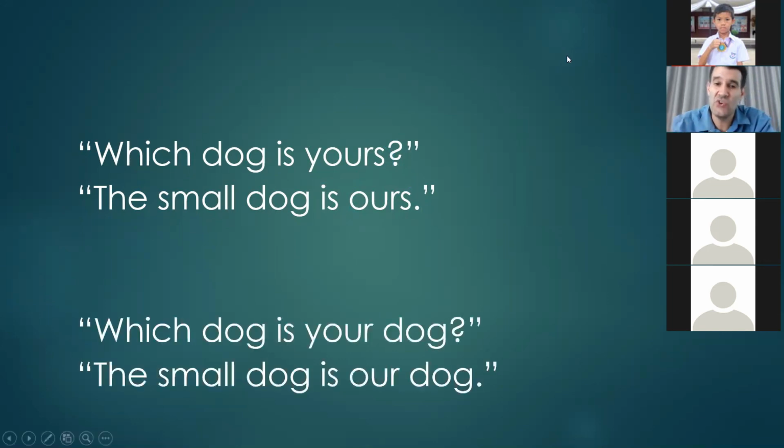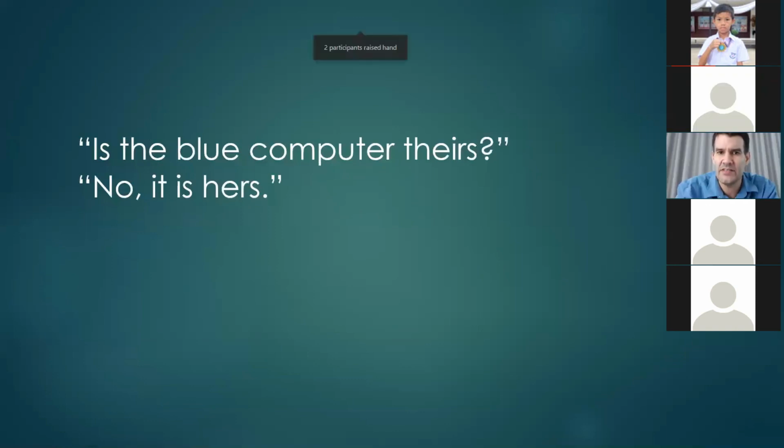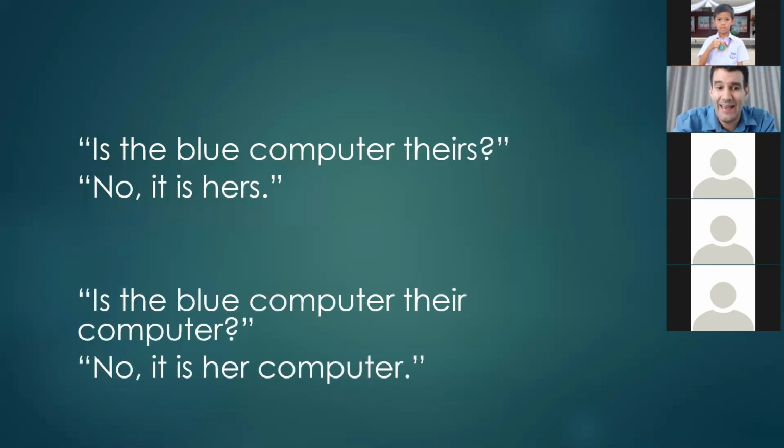So which dog is your dog? The small dog is our dog. And one more example. Is the blue computer theirs? No, it is hers. So we'll change theirs and hers to their computer and her computer. Is that blue computer their computer? No, it is her computer.